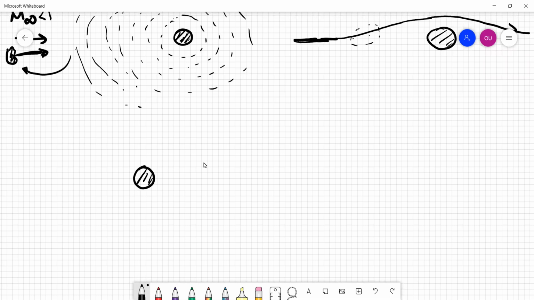If we have the same object, and let's say now it is moving to the left with some supersonic speed, again, it will keep emanating the same waves that we were talking about here, and the waves will be propagating with the speed of sound. So they will start diffusing around with the speed of sound, but the object is moving faster than the speed of sound. So it will basically start leaving these waves behind, okay?